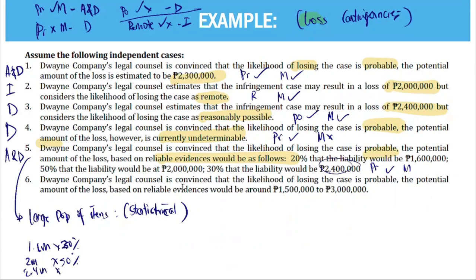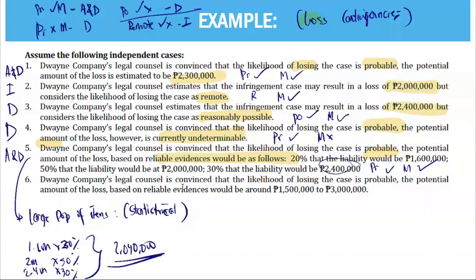So 1.6 million times 20%, and then 2 million times 50%, and then 2.4 million times 30%. So we have 2,040,000. Okay? So number five, our answer is 2,040,000 as to measurable. So both probable and measurable, accrue and disclose.